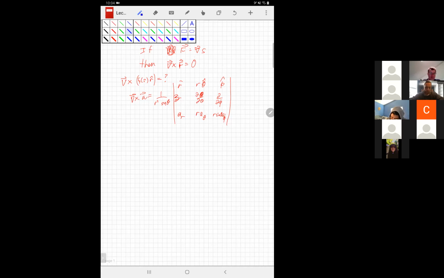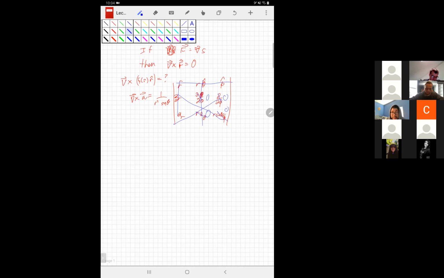All right, now if the function only has an r component and only depends on r, then derivatives with respect to theta and phi must be 0, and the theta and phi components must be 0. And so the r component of the curl will be 0 times 0 minus 0 times 0, that's 0.